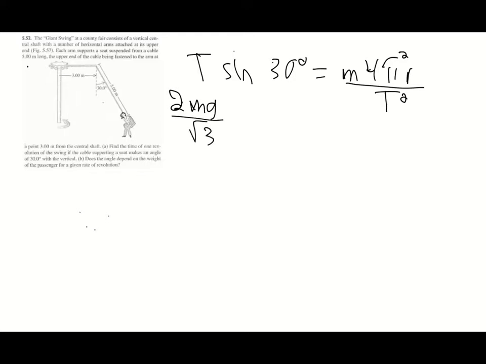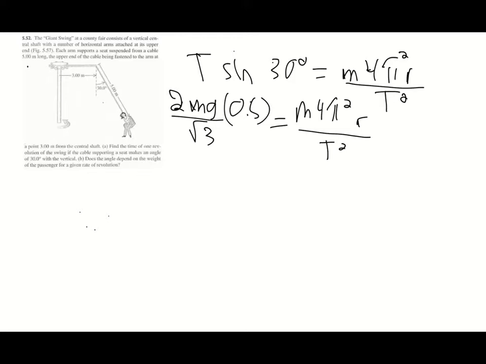The sine of 30 is just 1/2, so we're going to replace that with 0.5 equals m 4 pi squared r over T squared. I want to point out that I've sort of avoided replacing r. The reason is because r is complicated.